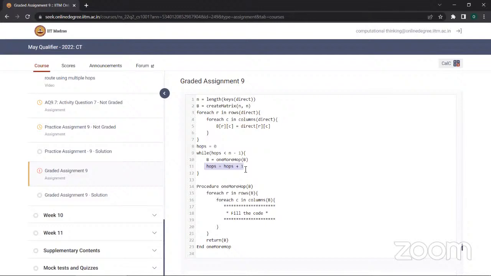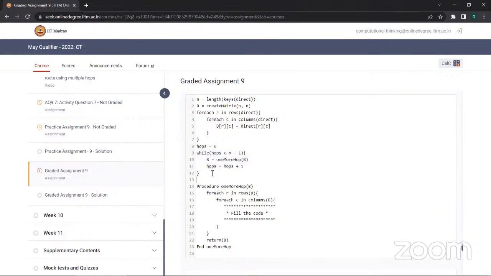Yes, sir. Understood? But the increment should be done first because we are checking with less than n-1. If we are checking and then incrementing, then this n-1 should be n-2, sir. See, listen, this particular hops variable has to be incremented under this while. Are we using this anywhere else?